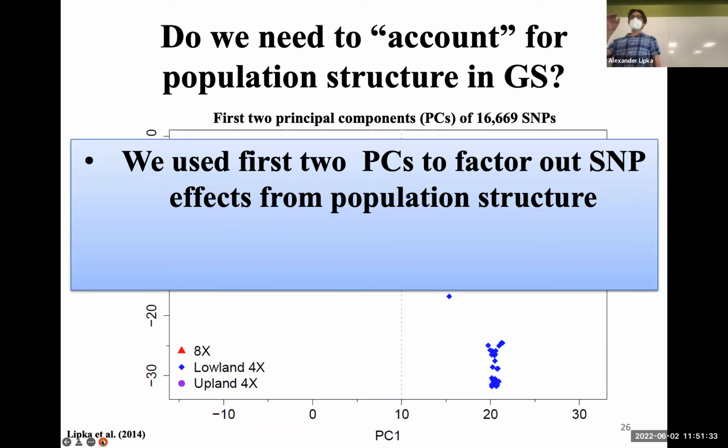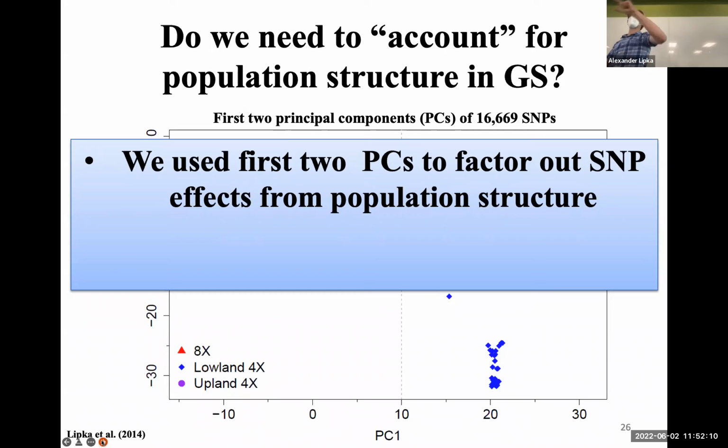We said we don't care about population structure in genomic selection. We only care about how well the actual genes controlling the traits make predictions. So what we did was essentially factor out those 2 principal components to put the remaining genetic signal on a level playing field and see how well it made predictions.